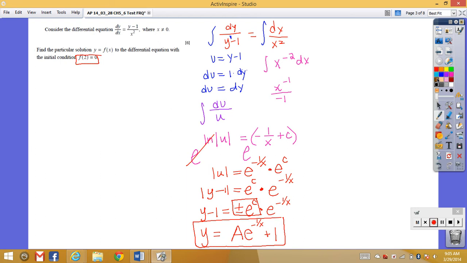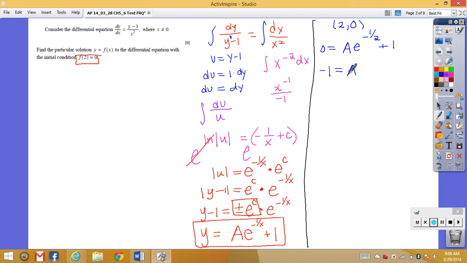Now I got to go through and create the actual specific equation by using the point 2, 0, 2 being the x, 0 being the y. So 0 is equal to a e to the negative 1 over 2 plus 1. So let's see. We're going to hope that I did all of this right and move this over. So I get negative 1 is equal to a e to the negative 1/2.